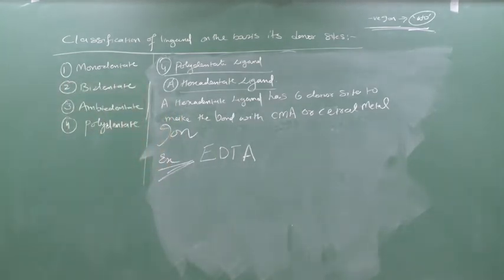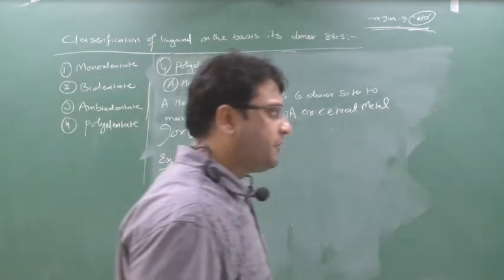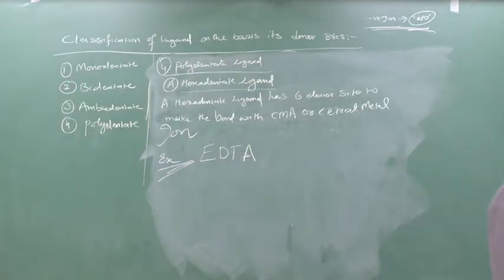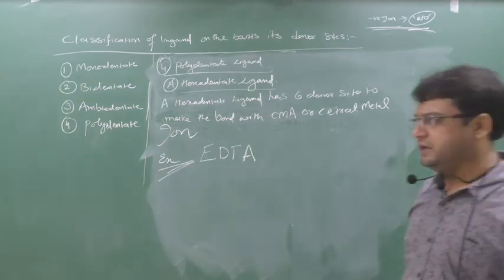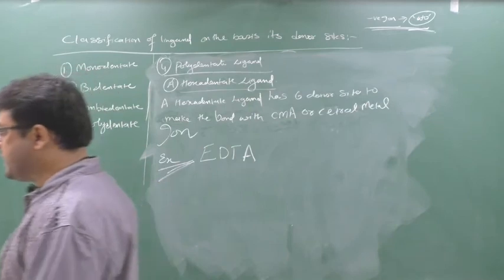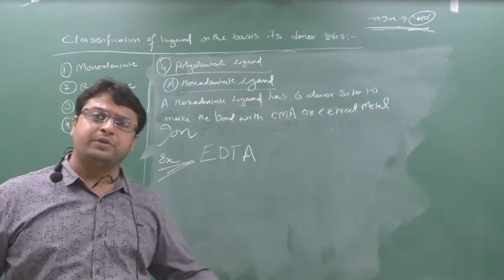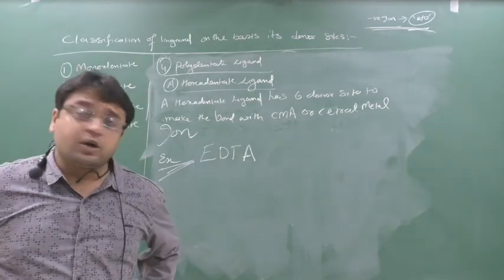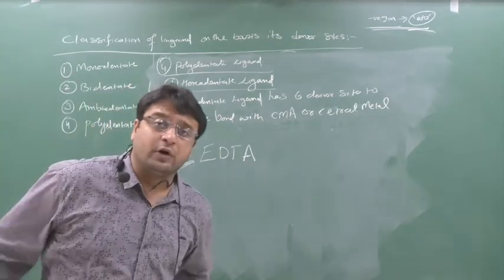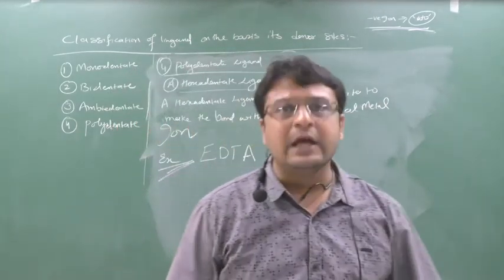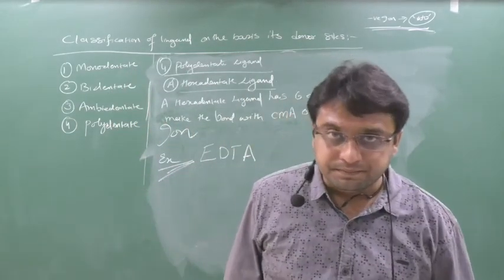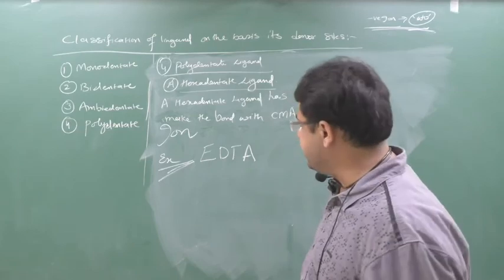Please remember that EDTA is one type of hexadentate ligand. Keep it in your mind. Sometimes in competition exams they ask directly which of the following is a hexadentate ligand? EDTA. Clear?